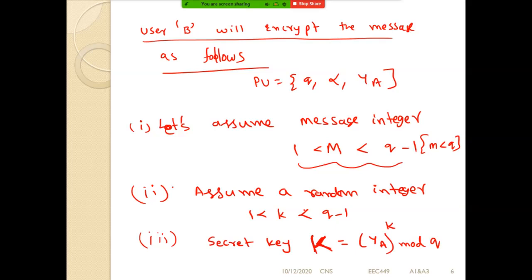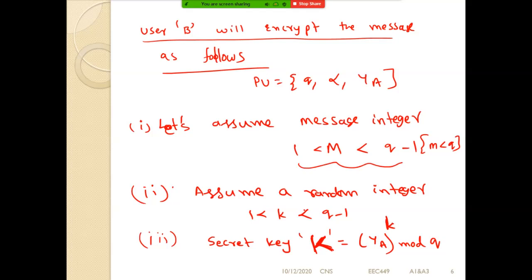The capital K is the actual secret key, generated using the public key of user A and this random integer small k. Okay, clear? This is mod Q, we know Q is the prime number.